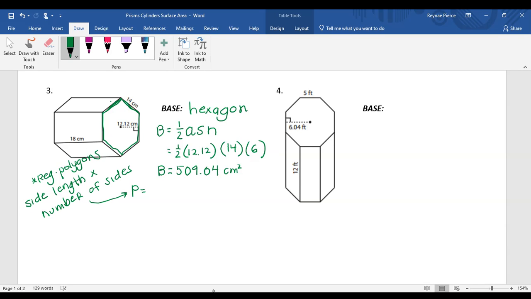Because regular polygons, remember, all sides are congruent. So if one side length is 14 centimeters and we have 6 sides, the perimeter of that hexagon base is 84. All right, and then the height of my prism, remember, is how far apart those bases would be.